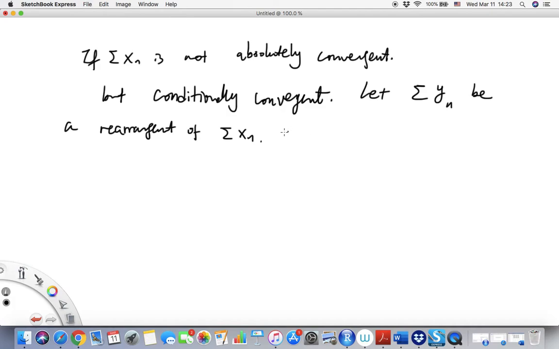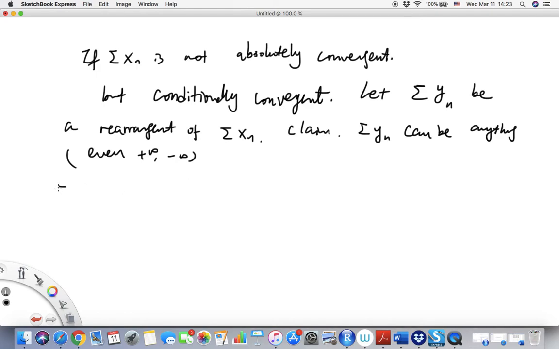Then I claim the sum of yn can be anything, even plus or minus infinity. How could that be the case?